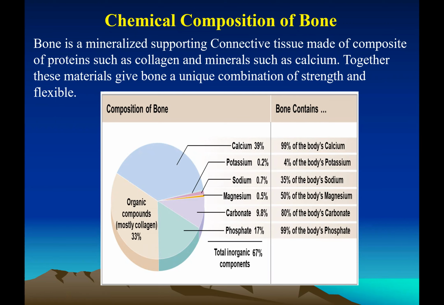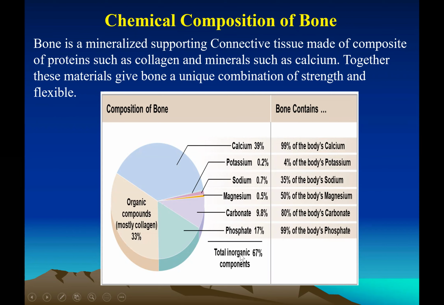This unique combination of both organic and inorganic substances makes the bone very, very strong and a little bit flexible. It doesn't break easily, it gives in a little bit. The main organic component of the bone is collagen protein.